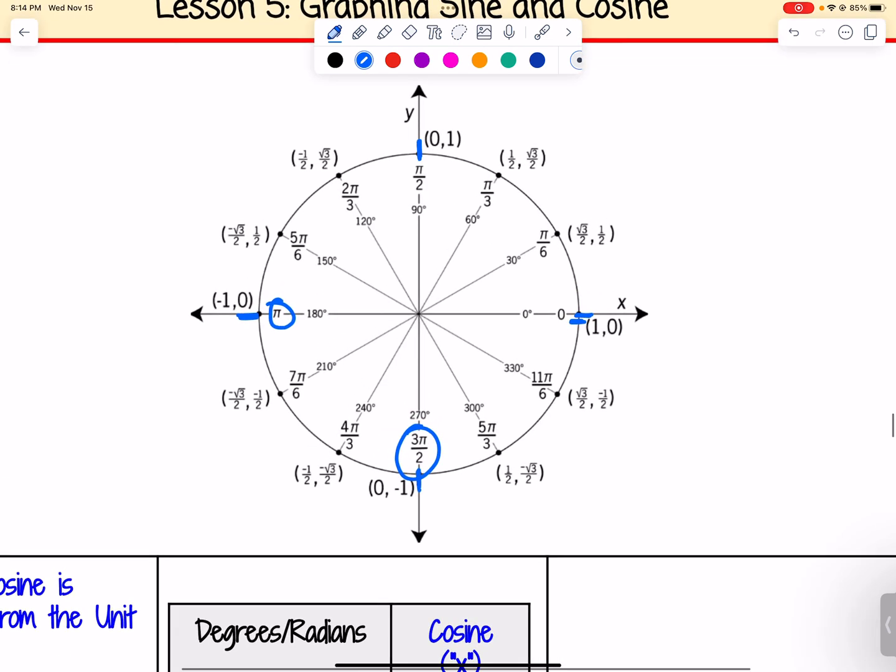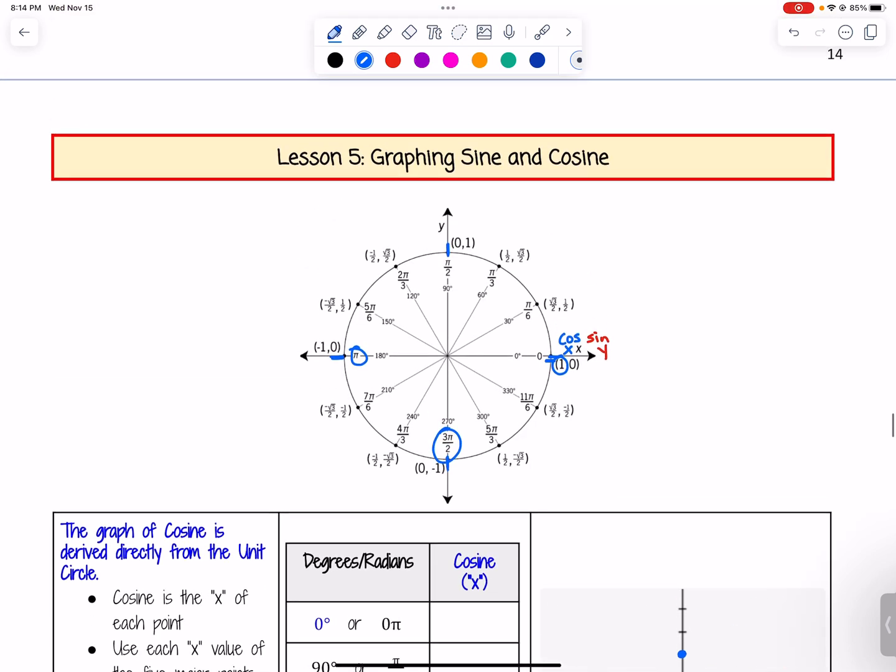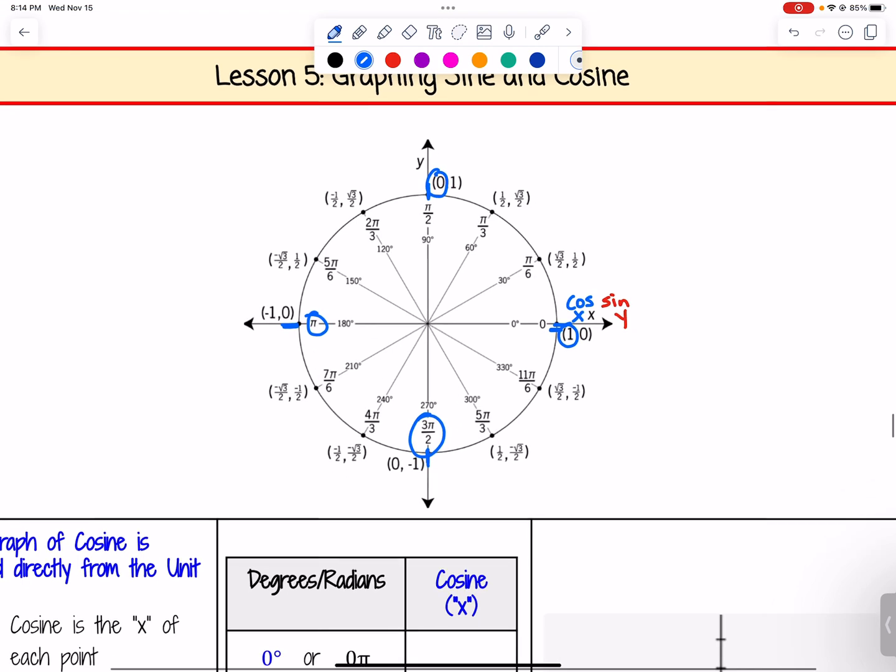And then look at the x values to pick out the cosine. They're in alphabetical order, so cosine is the x, and think of sine as your y value. So at 0, I have a cosine value of 1. So I'm just going to plot that right there at 1. At pi over 2, I have a cosine value, or x value, of 0.